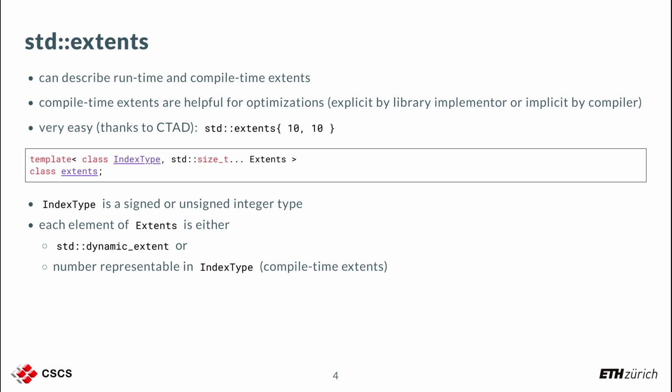So if index type is size_t, it's trivial. If it's something else, you need to make sure that what you're giving here is actually representable in this type. And these numbers that you give here, which are not dynamic extent in this template instantiation, are the compile time extents.